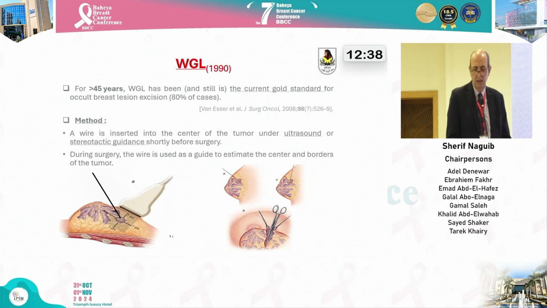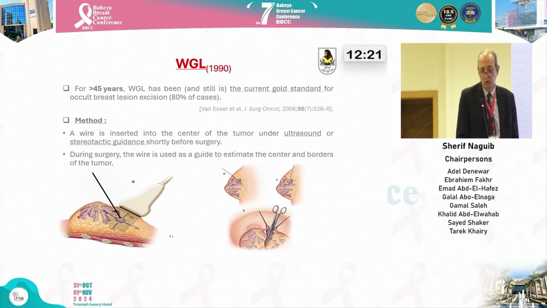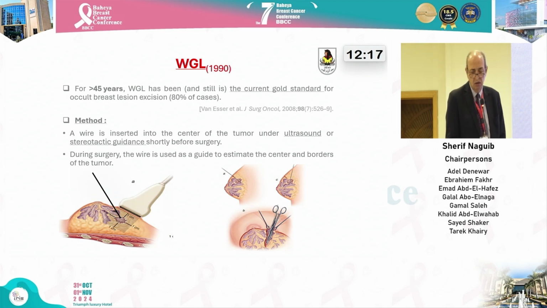Looking at the wire-guided localization, which started gaining popularity in 1990, it has been the gold standard of occult breast lesion excision in up to 80% of the cases for the last almost 50 years. The method is the following.